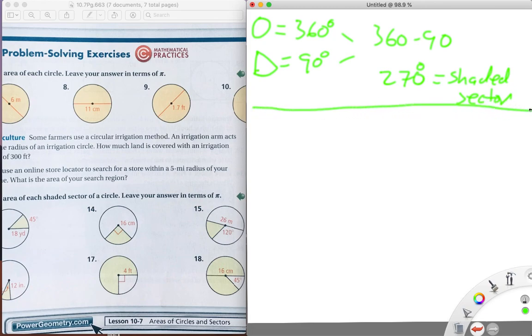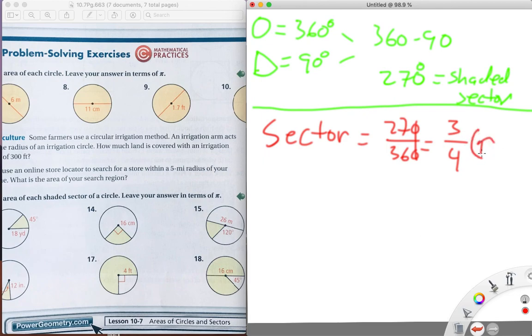So when I do this, I'm going to use my sector equation. Sector, the radius is 4, is equal to, in this case, 270 over 360. So that's 27 over 36, which equals, divide by 9, 3 fourths, times pi r squared.